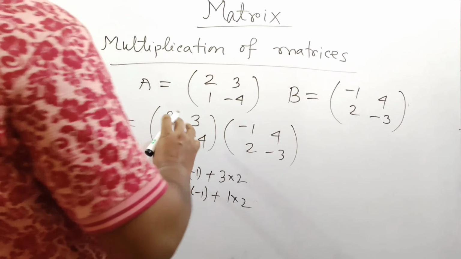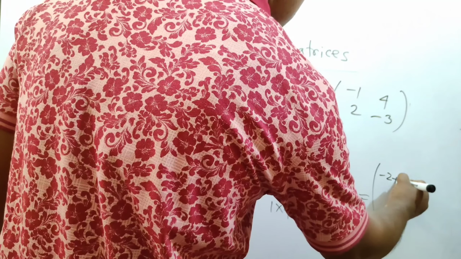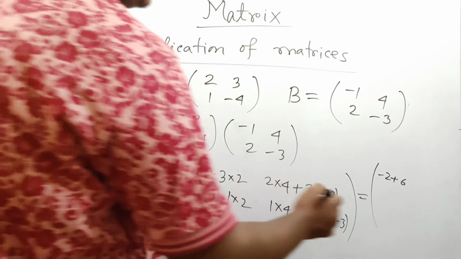Now if we do the multiplication, here 2 multiplied by negative 1 is negative 2 plus 6, here negative 1 plus 2, here 2 4s are 8 and 3 3s are 9, so plus minus 9, 1 4 is 4 and 4 3s are 12, so minus minus plus 12.